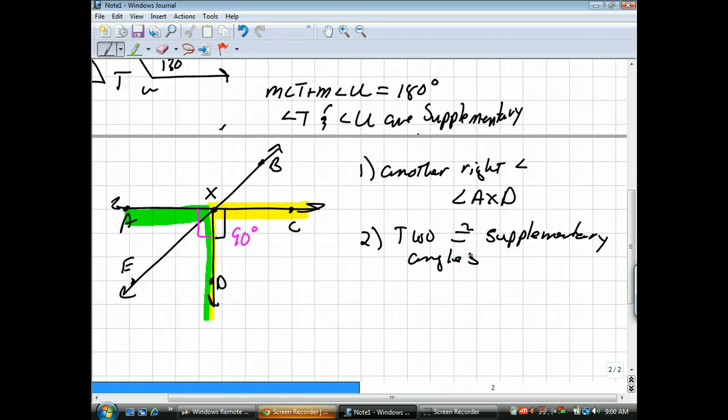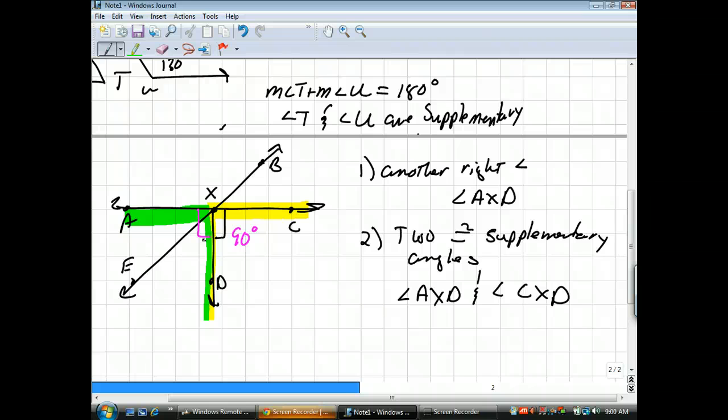Well, it would be angle AXD and angle CXD. Those would be two congruent supplementary angles. Now, for angles to be supplementary, they don't always have to be congruent. It's just that in this case, in terms of our picture, they happen to be congruent.